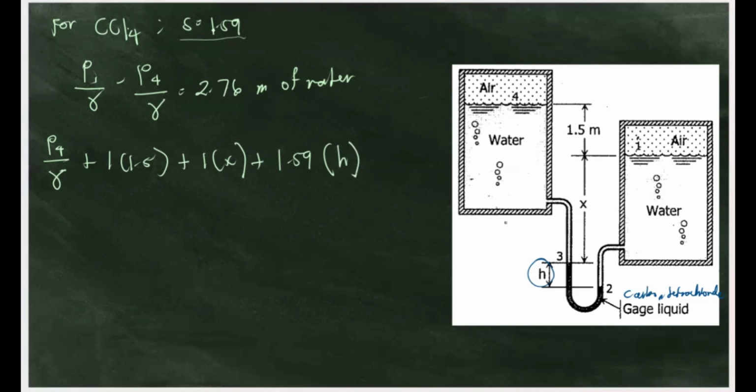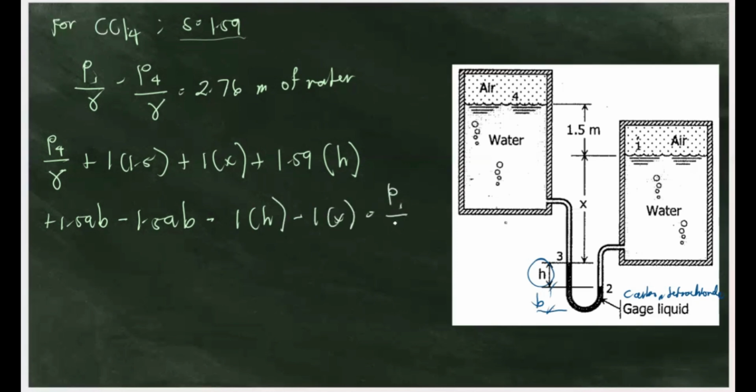And then, let's say ito yung ating distance kanina A, gawin naman natin itong B. So, plus 1.59B minus 1.59B aangat. Minus, this will become 1 times H, and then minus 1 times X is equal to P sub 1 over gamma.